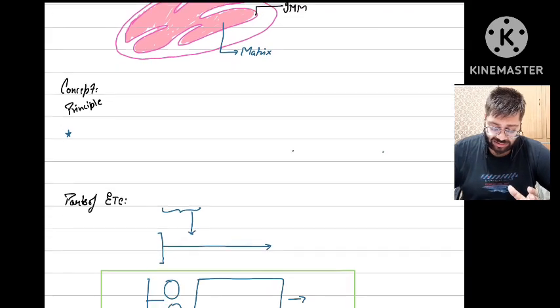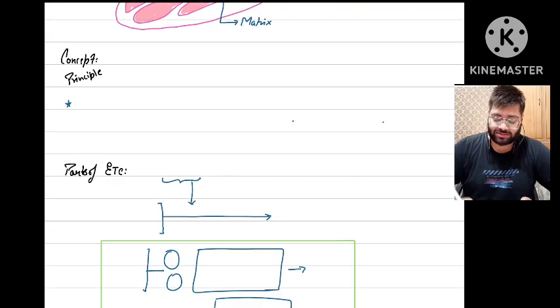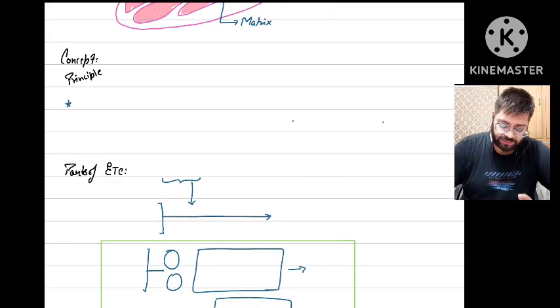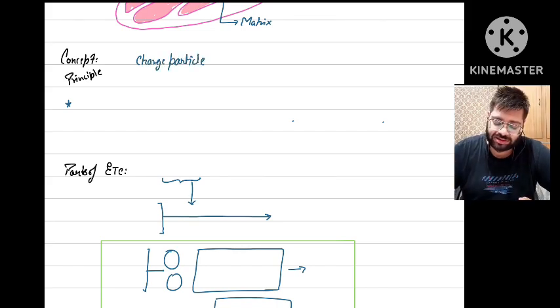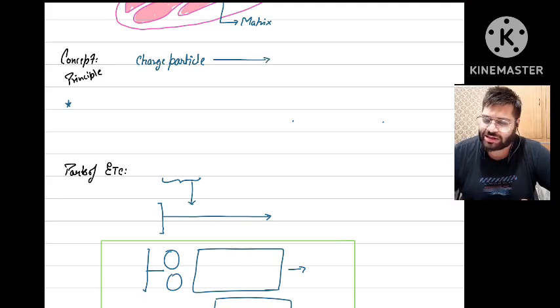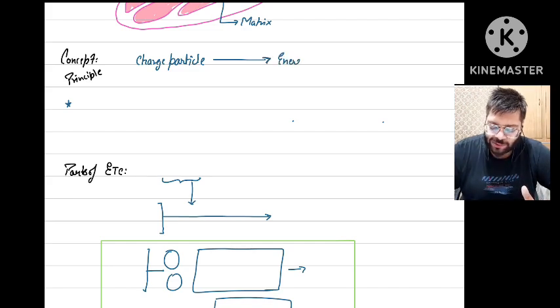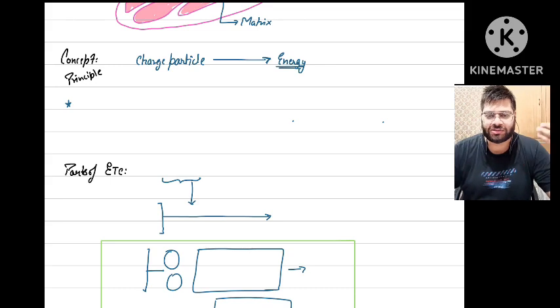Now, what is the concept? If there is a charged particle, we have learned in physics, and we make it move, if a charged particle is moving, it produces energy. It loses energy in the form of heat, or it moves.